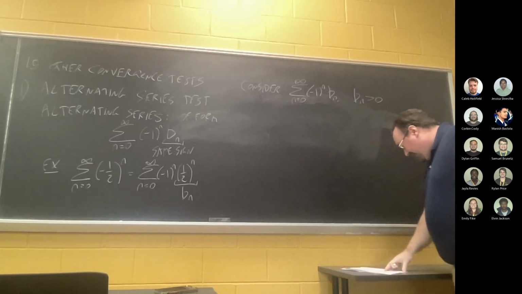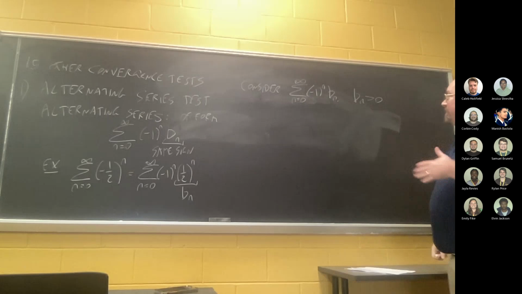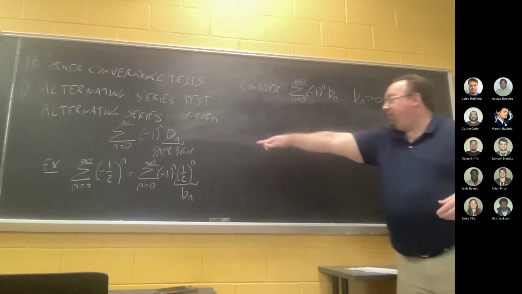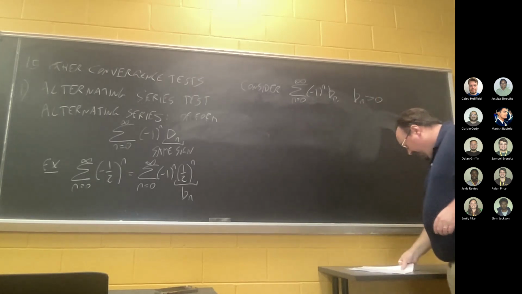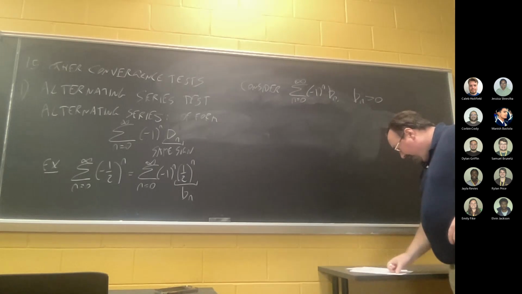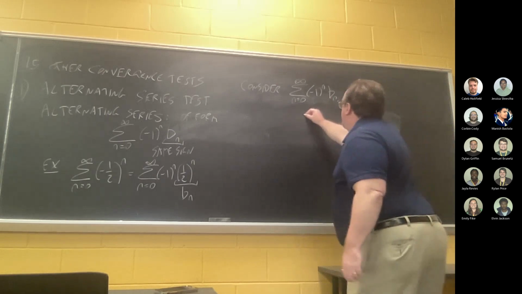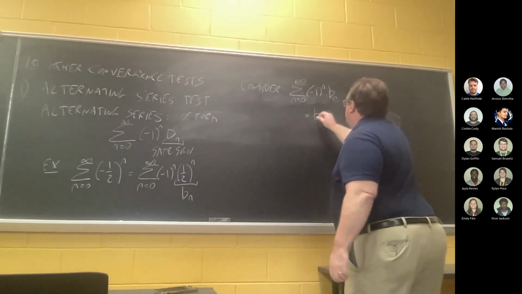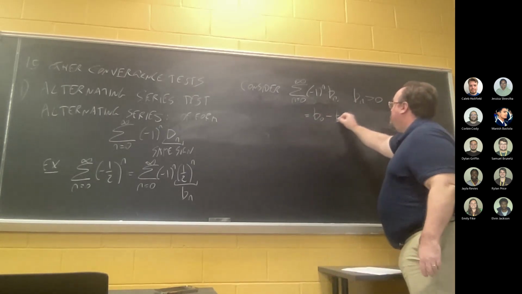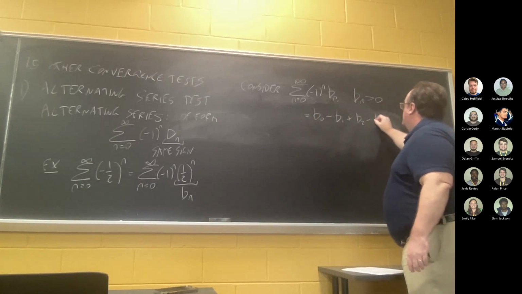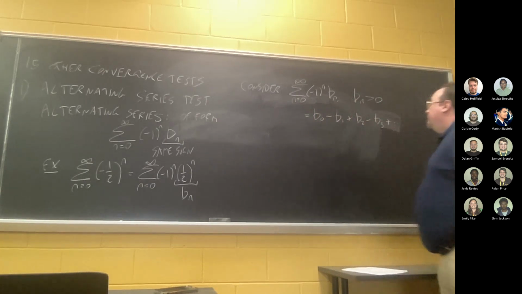So if you have a series that fits this form, like this one right here does. So this would start out with b0 minus b1 plus b2 minus b3, and so on.